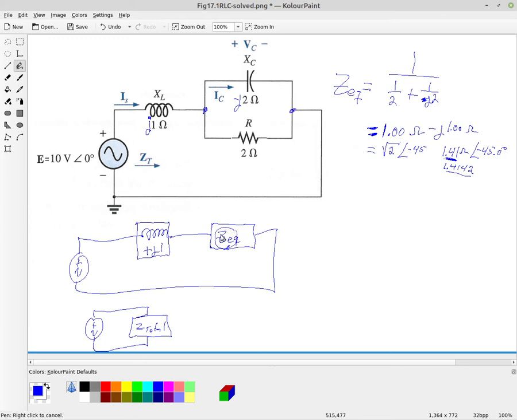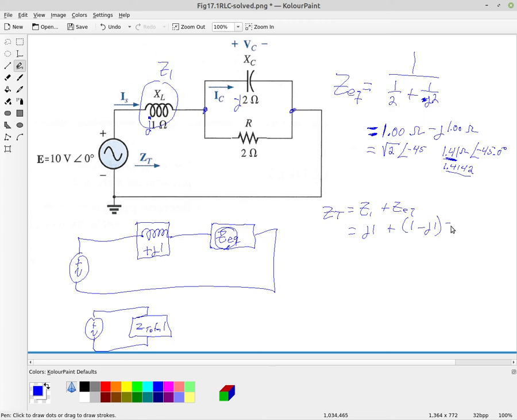So that gives us this equivalent impedance now. And so we can calculate the total impedance then, which is going to be the first impedance plus this equivalent impedance. And so that is going to be J1 plus 1 minus J1.